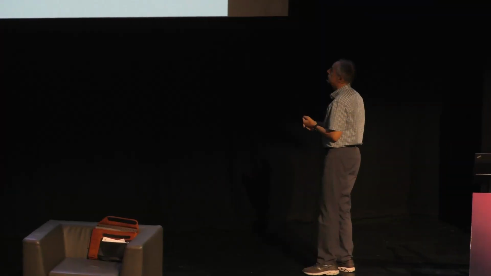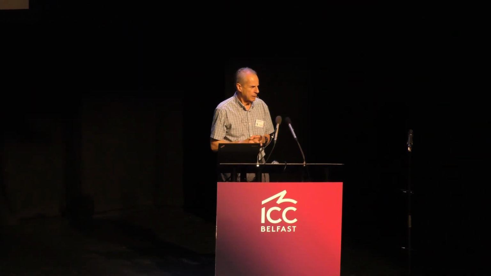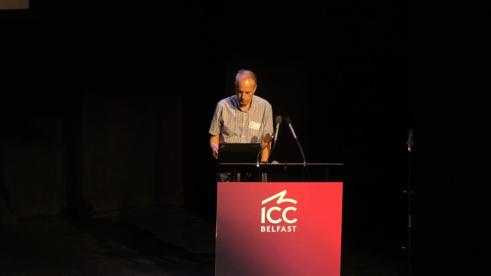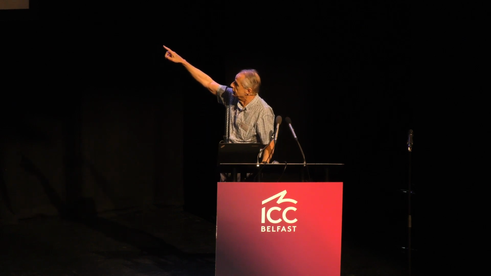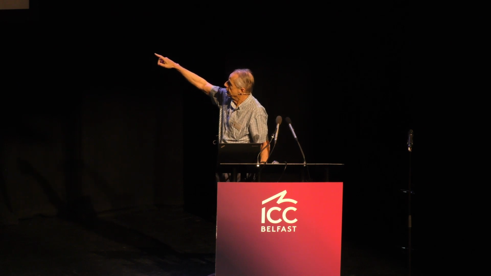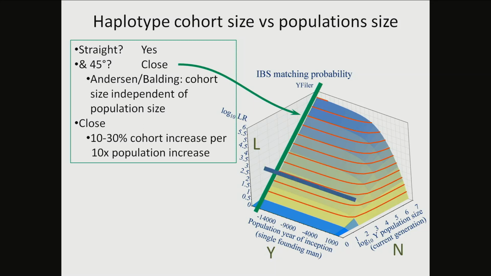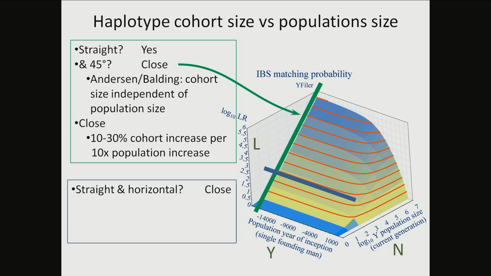What they literally said was the number of men with a particular haplotype is fixed, and that implies a 45, and conversely. What actually happens is that the number of men with a particular size does grow a little bit with population size. Secondly, this line here is close to straight and horizontal, which means that it doesn't really matter how old the population is.